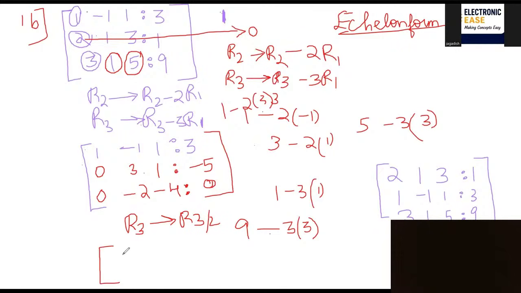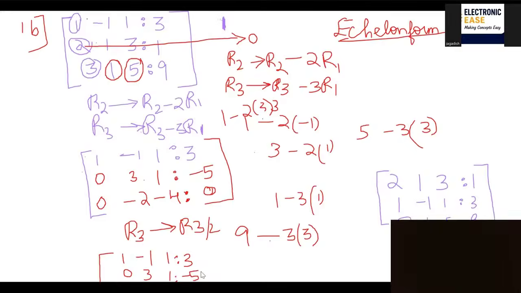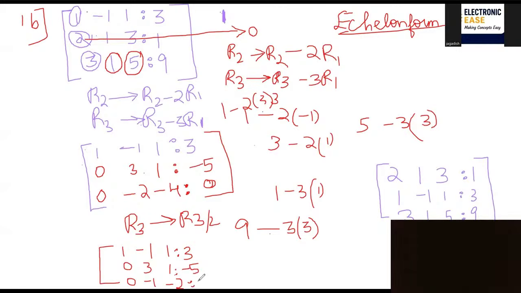So what will I get? 1, minus 1, 1, 3, then 0, 3, 1, minus 5, then 0. Minus 2 divided by 2 is minus 1, minus 4 divided by 2 is minus 2, and 0 divided by 2 is again 0.